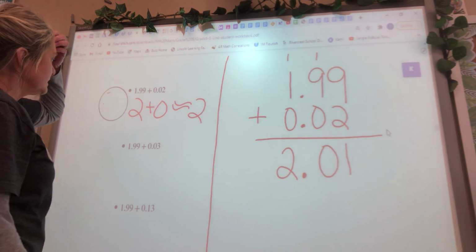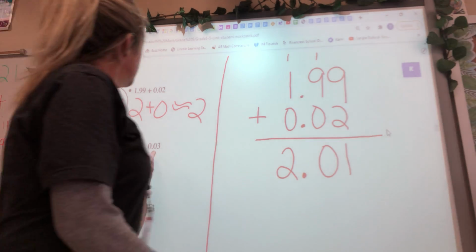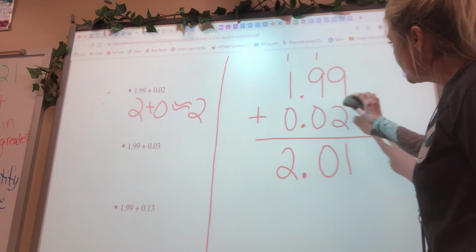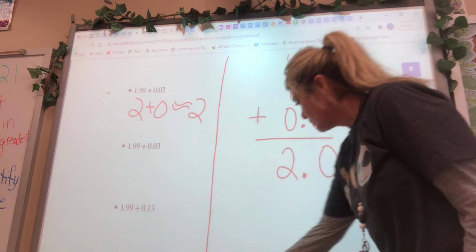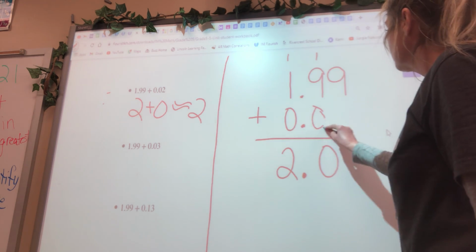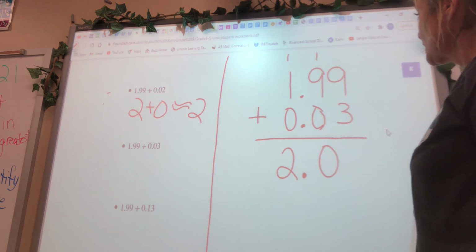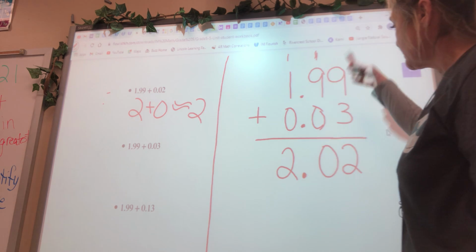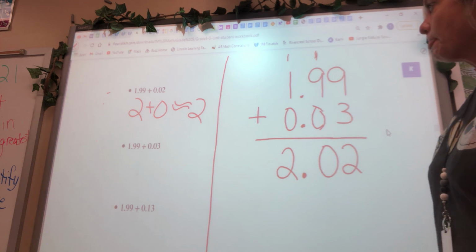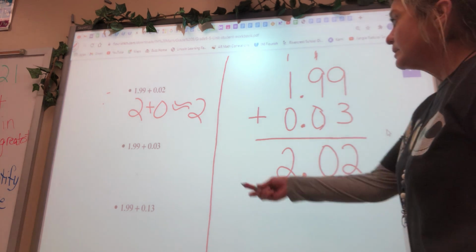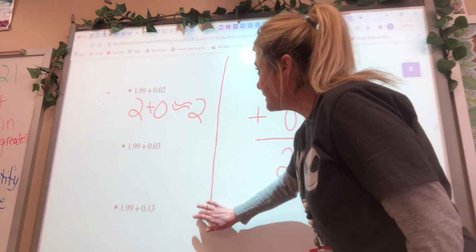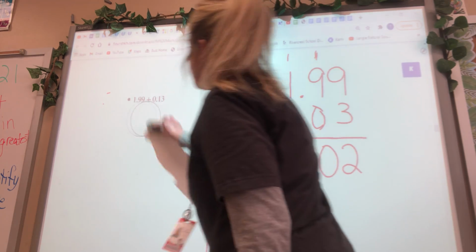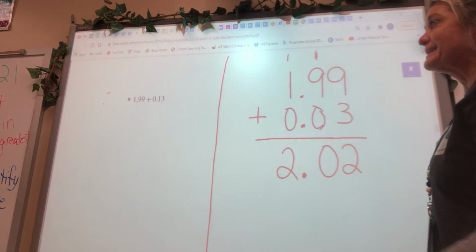Okay, now this next one, all that happens is now, instead of having 0.02, I have 0.03. So what do you think is going to happen? Okay, so now I just have a 12 instead. So I would carry my 1 and I have 2.02. Now let's think about the next one. The next one doesn't just go up by 1, it goes up by 10.